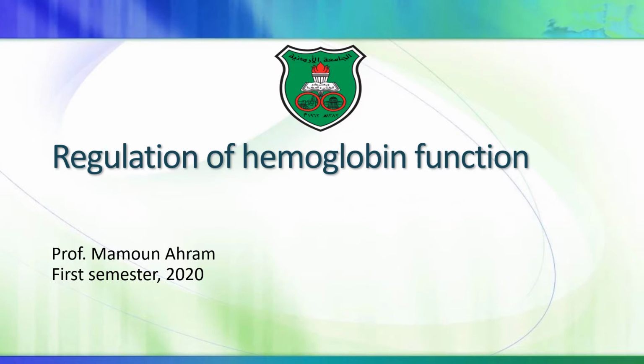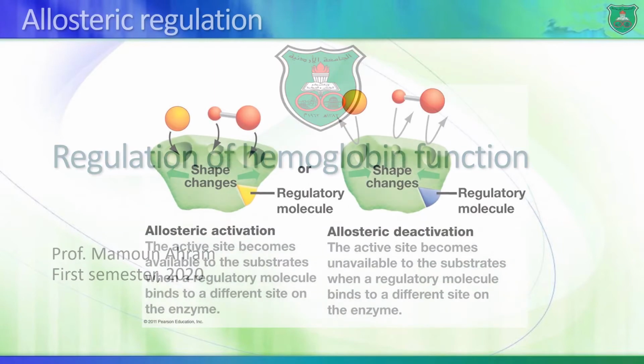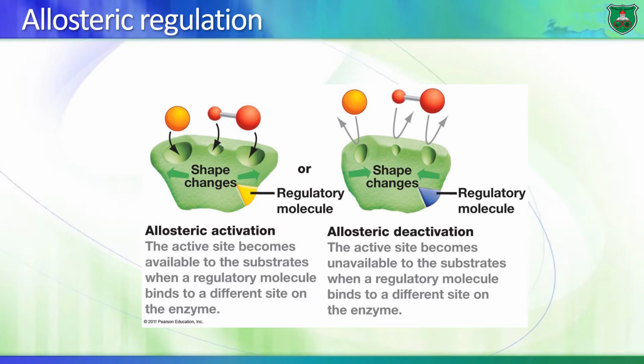And these factors are known as allosteric factors, since hemoglobin is an allosteric protein. So an allosteric protein is basically a protein that has different structures depending on what binds to it. These are known as allosteric effectors.